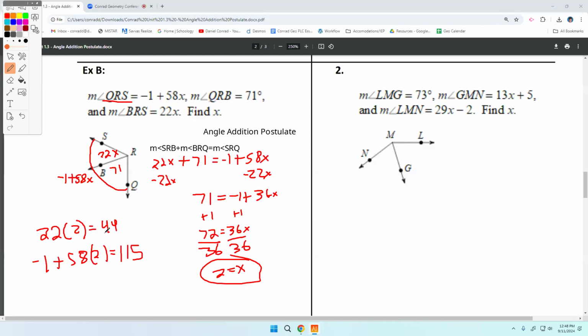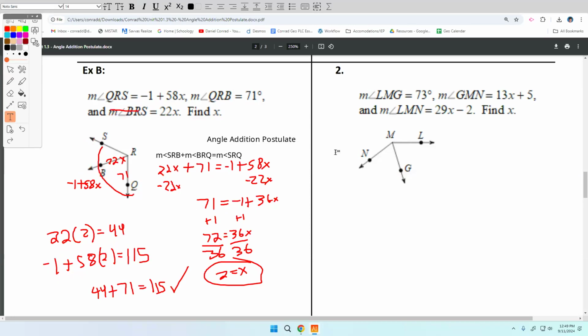Yep. Okay. And then if we're looking at this, we would have 44 plus 71, which would be 115. So we know our answer is good. 44 plus 71 adds up to 115.